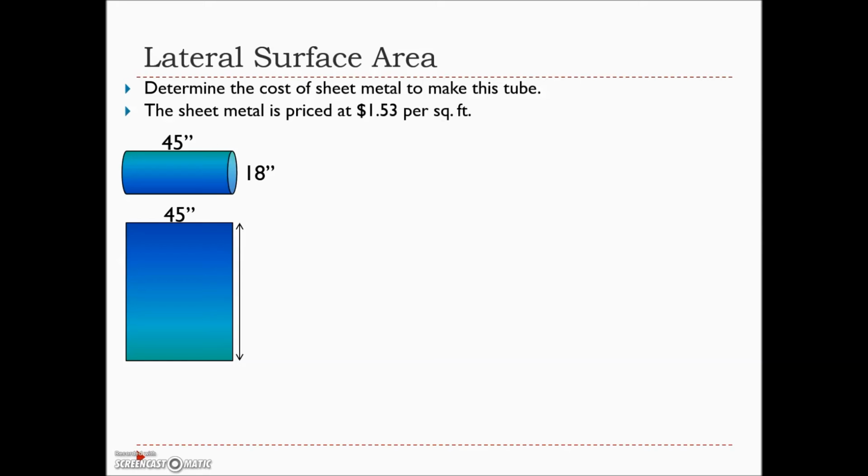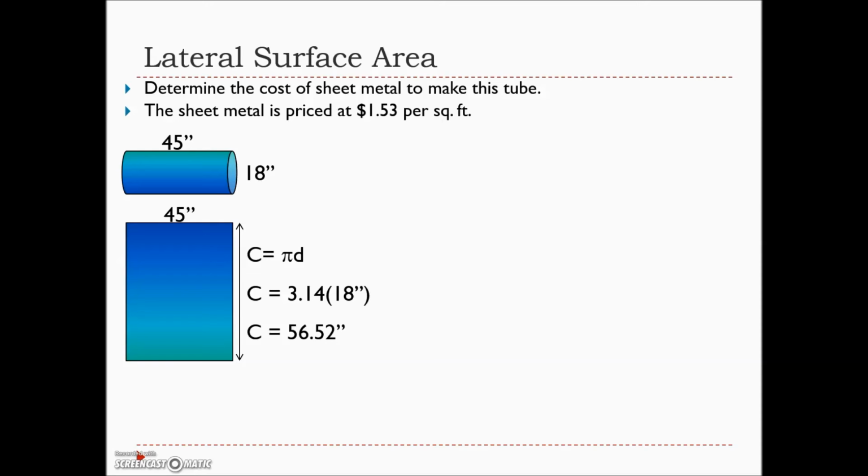This dimension on the right hand side is the result of our circumference of the cylinder, which will be found by taking pi 3.14 times the diameter of 18 inches, the distance across the circle at its widest point.